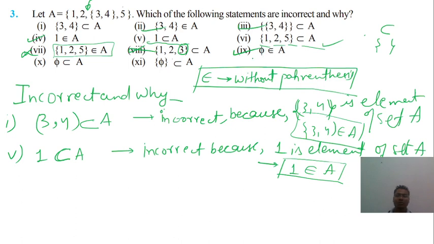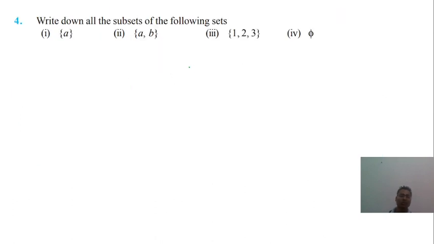No, this is wrong. 5 is an element, and an element has to be put without brackets. So 5 does not belong to this set. 5 actually is a subset of this group, and this is again an incorrect statement. So these are all incorrect statements. Coming to question number 4.